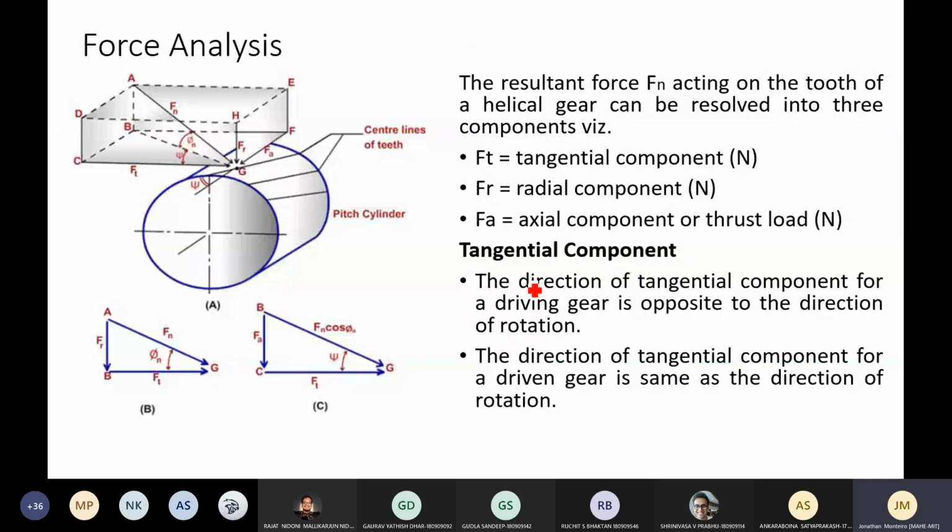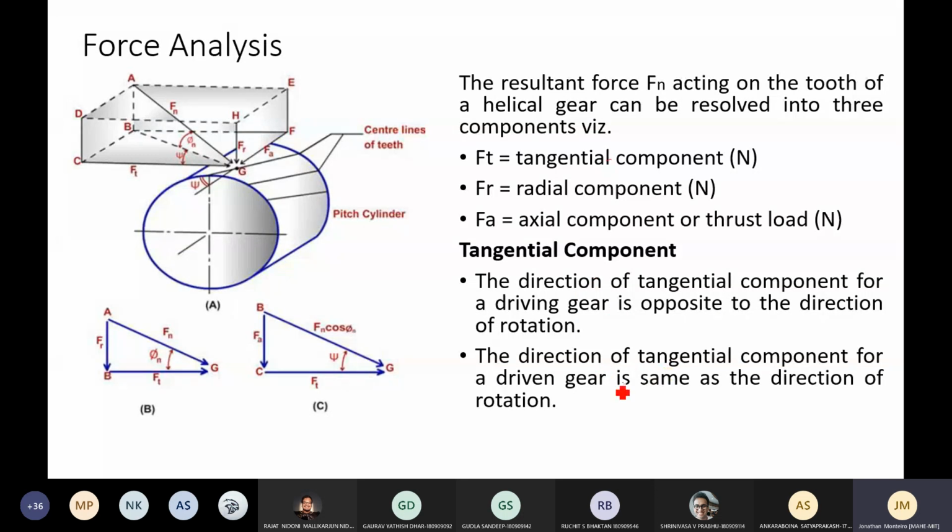So a little bit about directions again, just to recap and also to understand what are the forces on these gears. Resulting force Fn acting on the tooth can be resolved in three components: Ft, Fr and Fa. That is what we have discussed, and I think all those parts are covered. I need not cover that again. It was just a part of your note, so I just put it here. Direction of tangential component for driving gear is opposite to the direction of rotation, and direction of tangential component for driven gear is same as that of rotation.